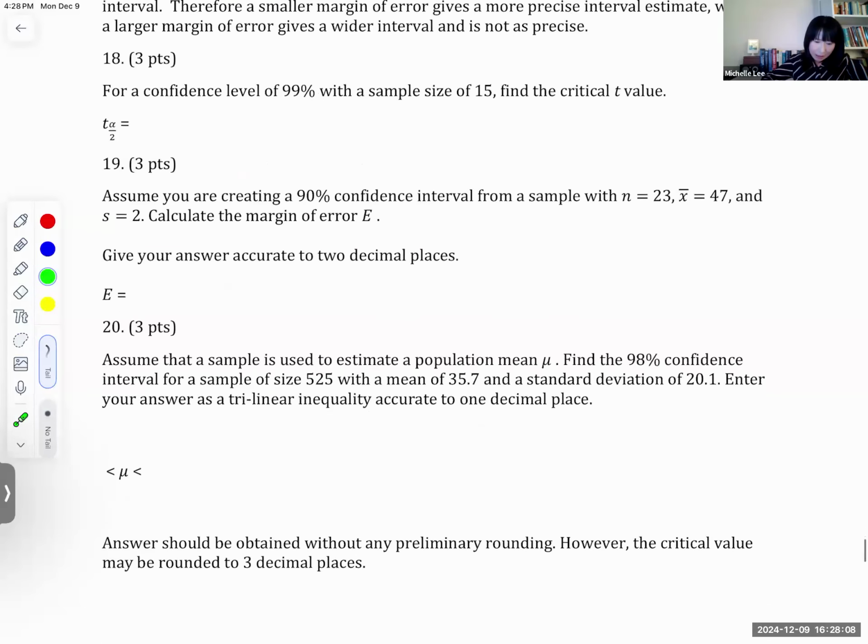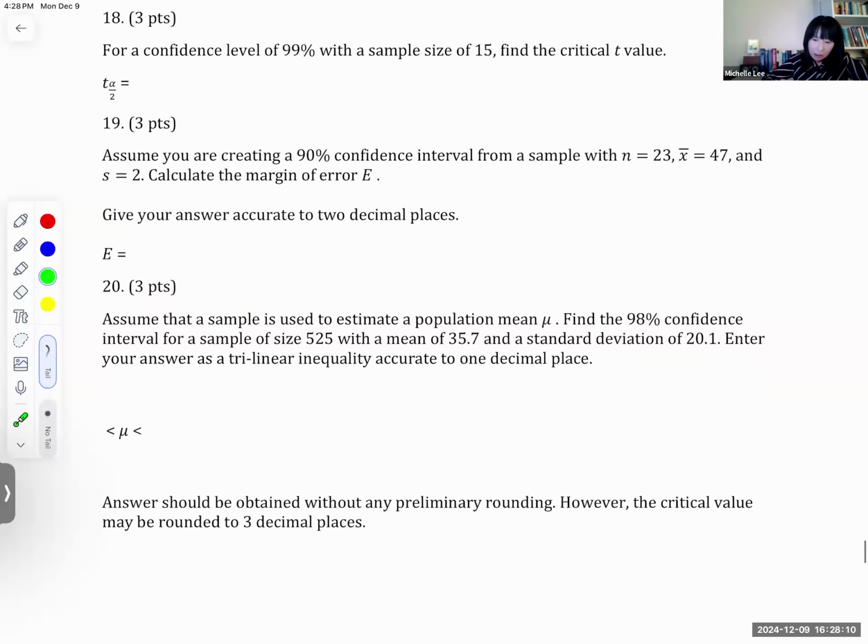Okay, now number 18. We are using the sample size and level of confidence to find the t-value. So that will be a probability, right?